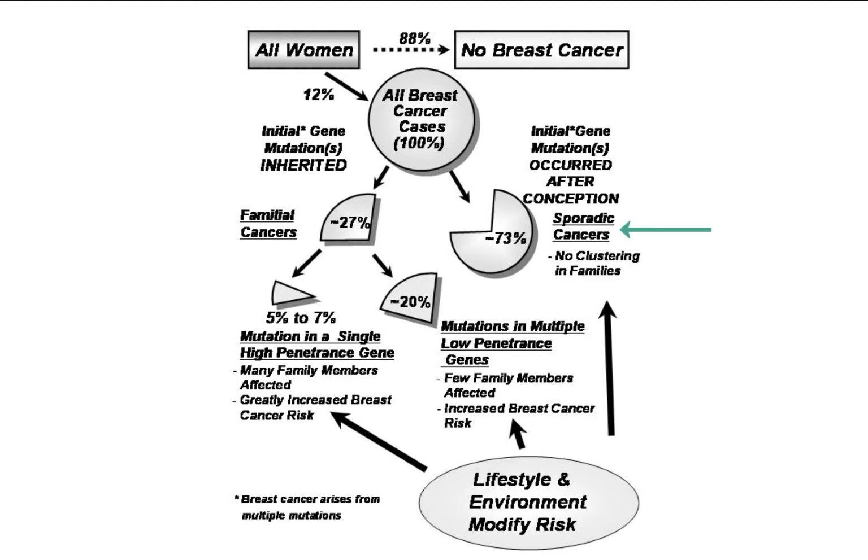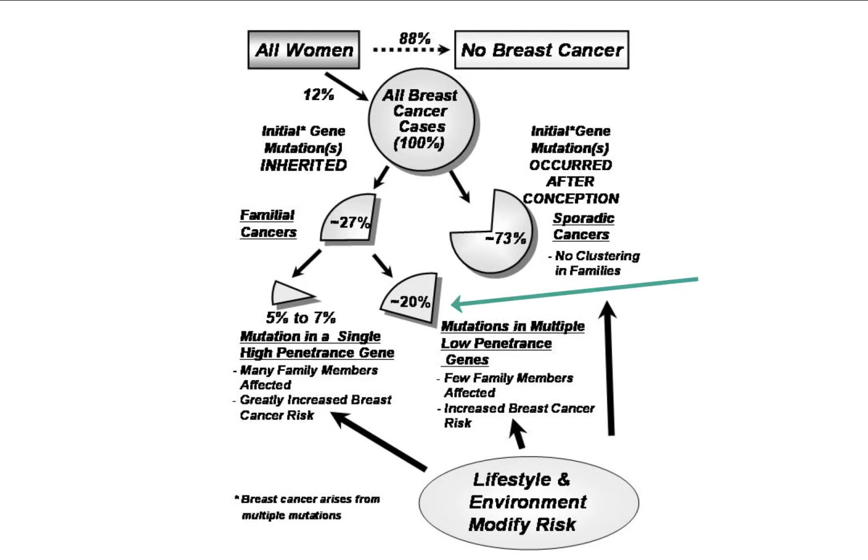Of those, about 3/4 are sporadic cancers. That is, they're not related to any familial connection at all, but they're just from random mutations in the breast tissue cells. About 25% of those are familial cancers.